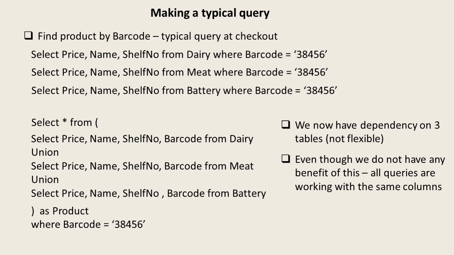If you remember, the reason why we introduced these 3 tables was that we wanted to store some specific columns, which were fat, calcium, voltage, all these specific columns. And that was in order to address other parts of the application, which may not be as important as this query we are looking at. We're currently looking at our most important query. This is where we need to get the biggest performance. And we made some damage to this query because this query has now become complex and dependent on our database configuration.